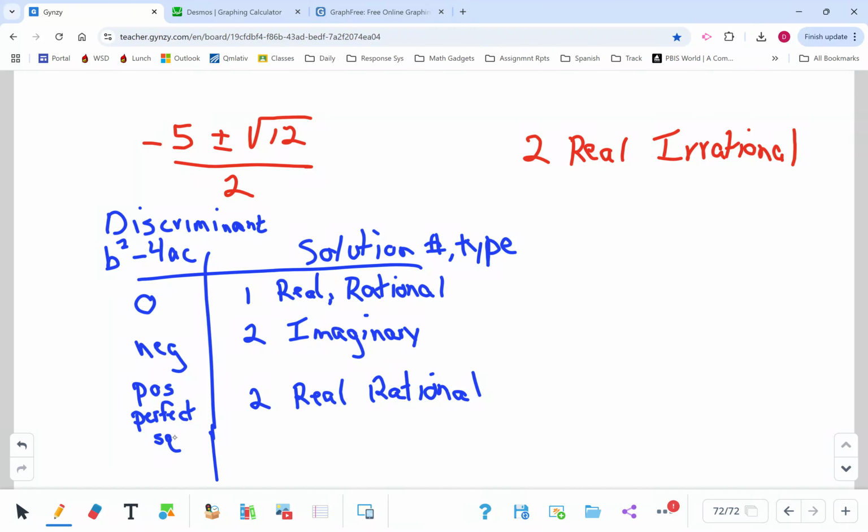And finally, if it's positive not perfect square, you get 2 real irrational. So the discriminant gives you a quick way to determine which type of solutions you're going to get.